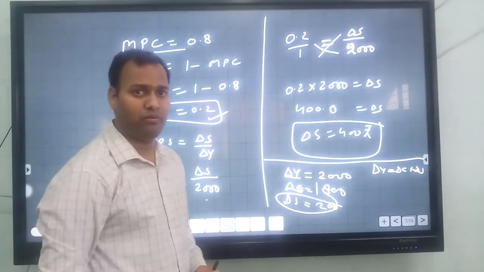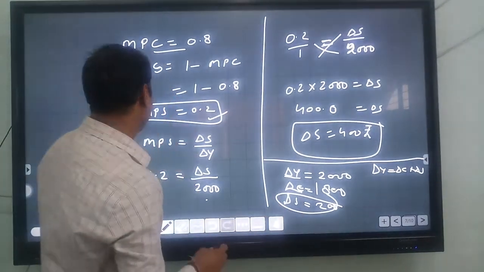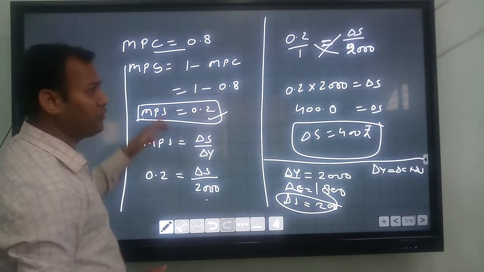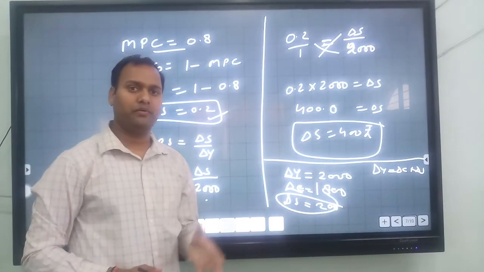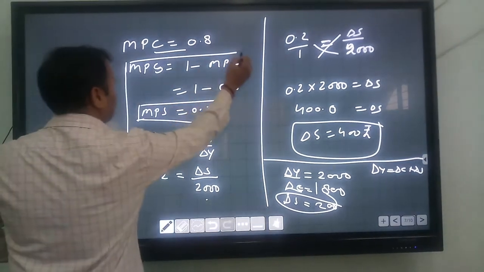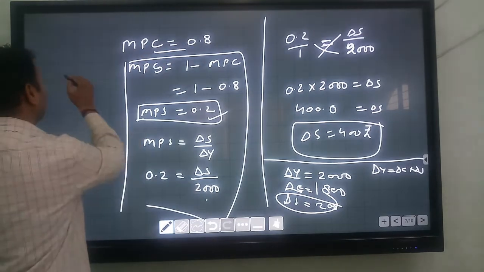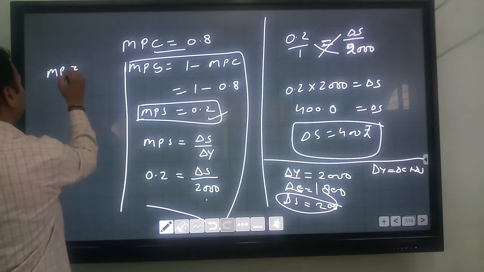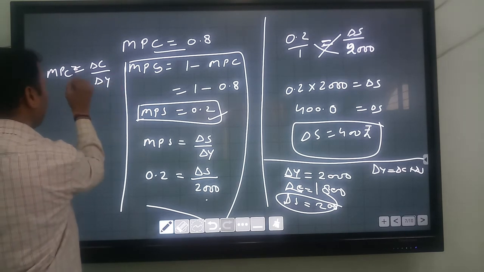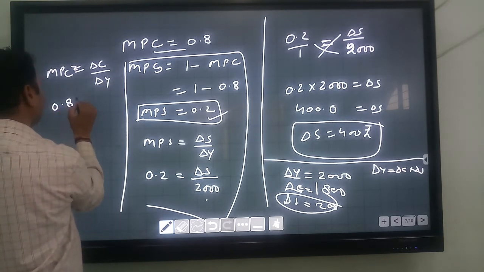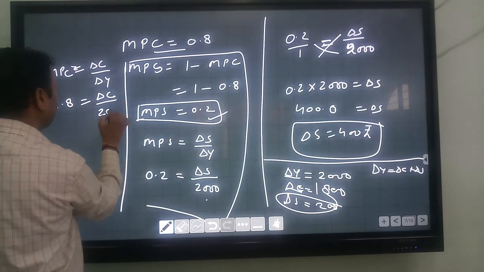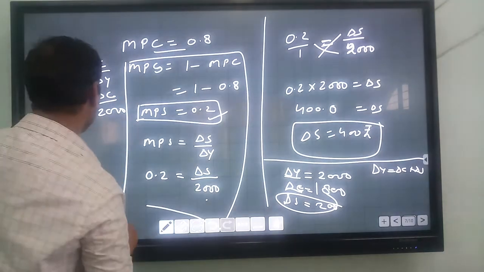Okay, there are so many options to calculate delta S. If you do not want to calculate MPS, or you forget the relationship between MPS and MPC, then what will we do? Just use the formula: MPC is equal to delta C upon delta Y. MPC here is 0.8, delta C is this, and delta Y is 2000.